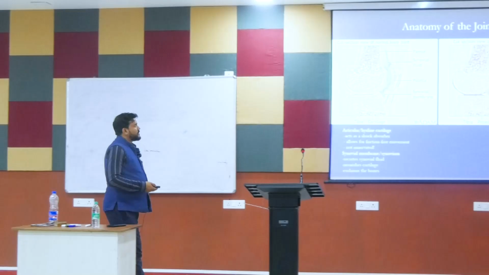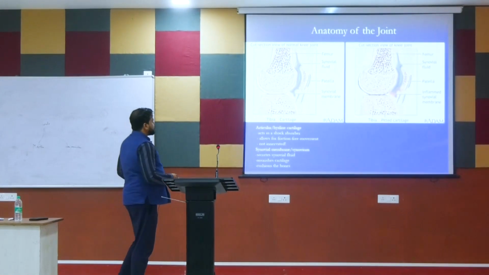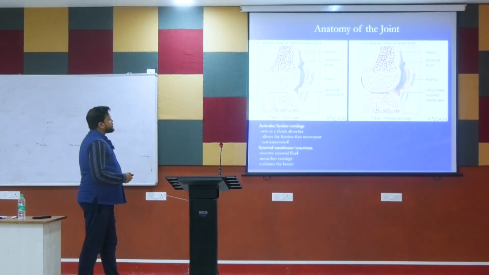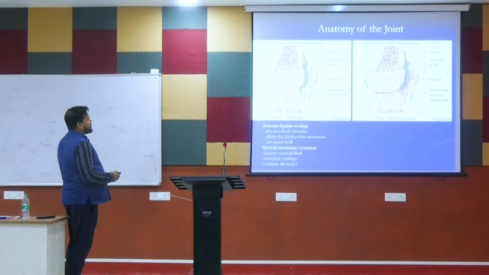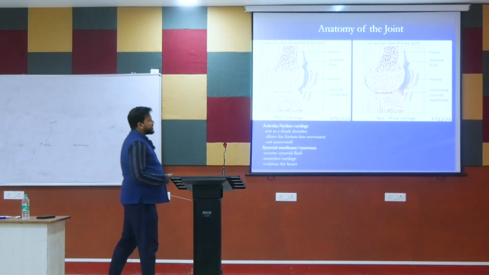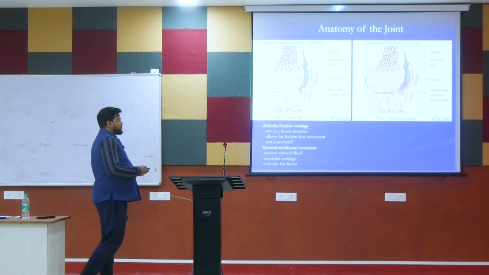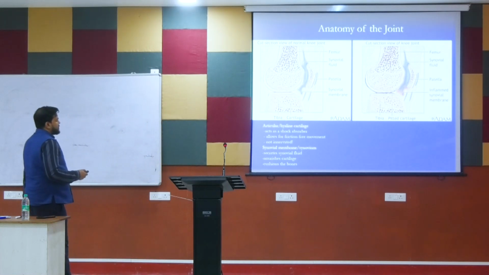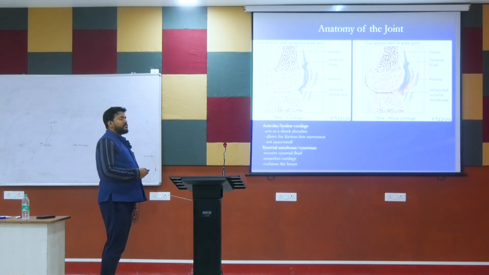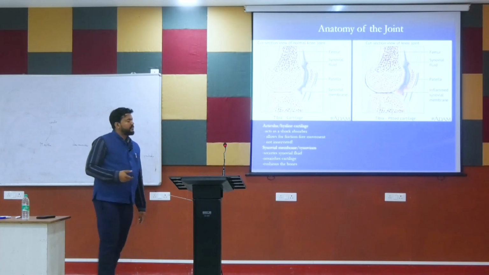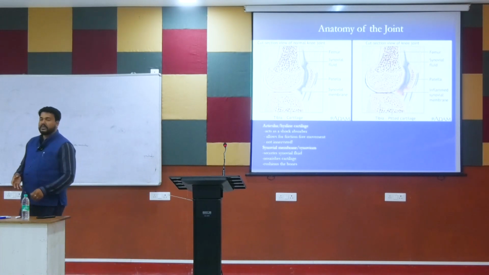So this is the structure of a synovial joint. This is the cartilage, and this is the capsule containing the fluid, synovial fluid. This is a knee joint. So in rheumatoid arthritis, what happens? There is inflammation of the synovial membrane. What are the signs of inflammation?